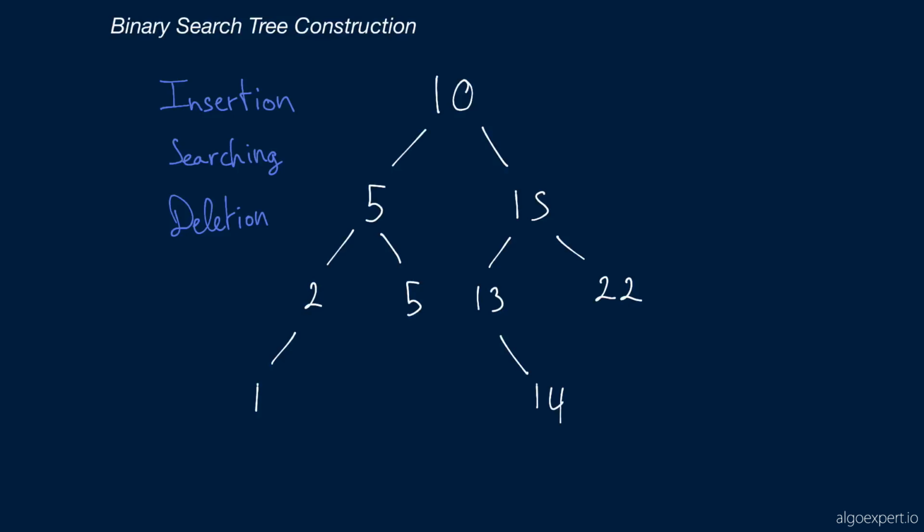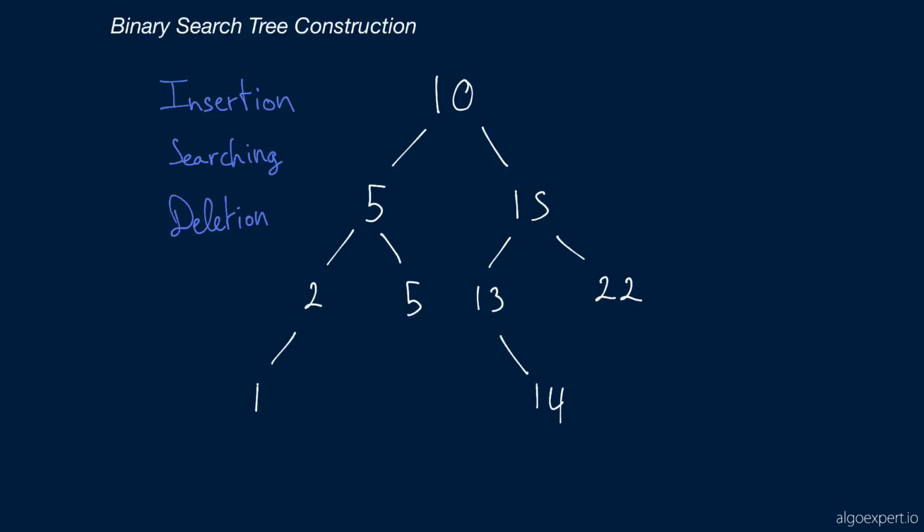Now, what do we mean when we say construction of a BST? Well, we're talking about a few methods that we want our BST class to support. And these methods are going to be insertion, searching, and deletion. There are other functionalities that are typical of a BST, like traversals, but we're not going to be covering them in this video.